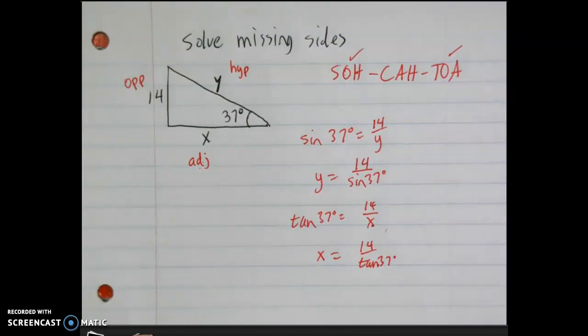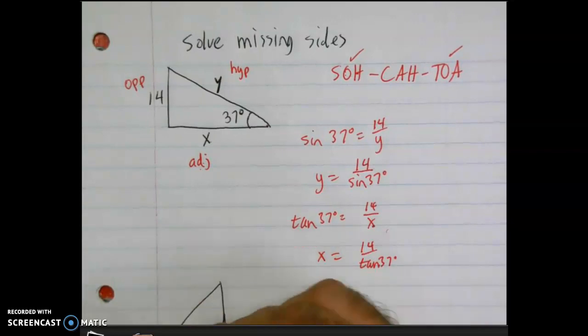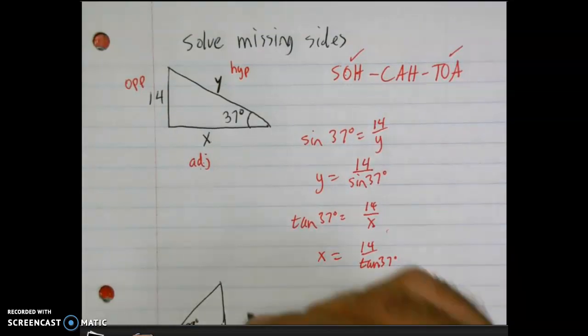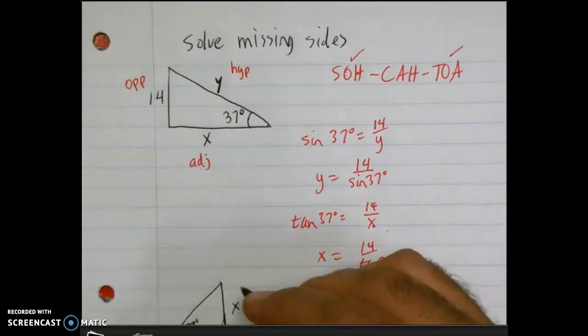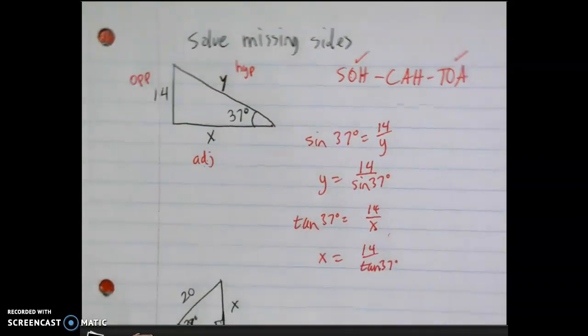Okay, there are other situations where I don't have that option. If I have a different situation, say this one, where I'm given 20, let's say it's another 39 degrees this time, and I have x over here, and I see in this case I have 20 as my side.